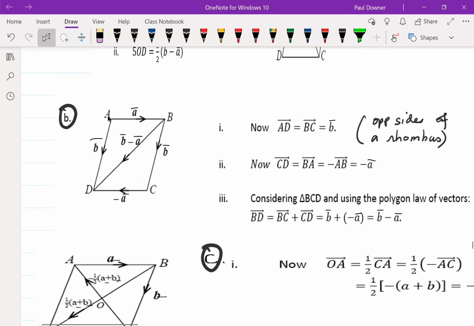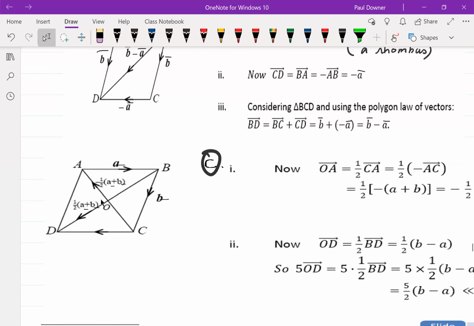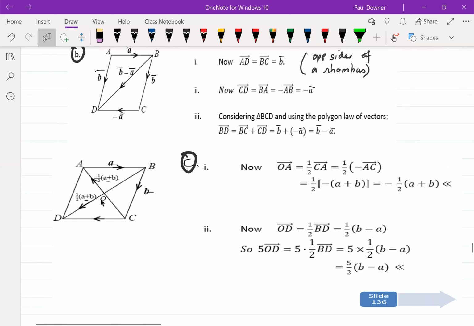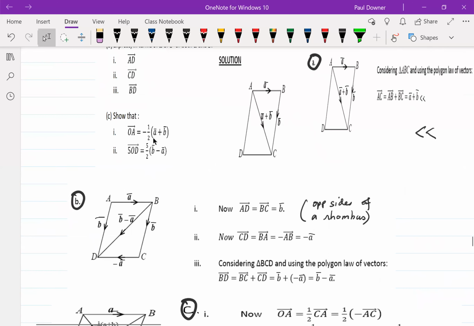That's one. So we need to join the other one to locate where O is. That's right here. So we drew it in here. These two diagonals are going to intersect at O. And what we have to do is prove that OA is negative a half of A plus B. That's what we have to prove.